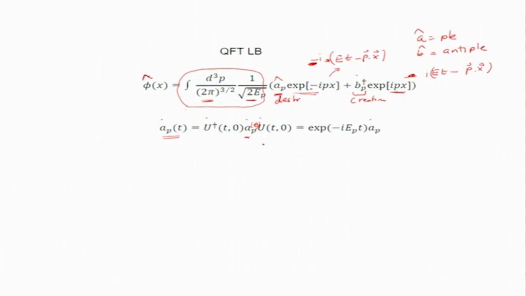How do I get this in the Heisenberg picture? I put in these evolution operators and the dagger operator. This is how in the Heisenberg picture we evolve an operator, and you can show that this is equal to exponential minus iE_p t times A_p. There is a minus sign sitting here.